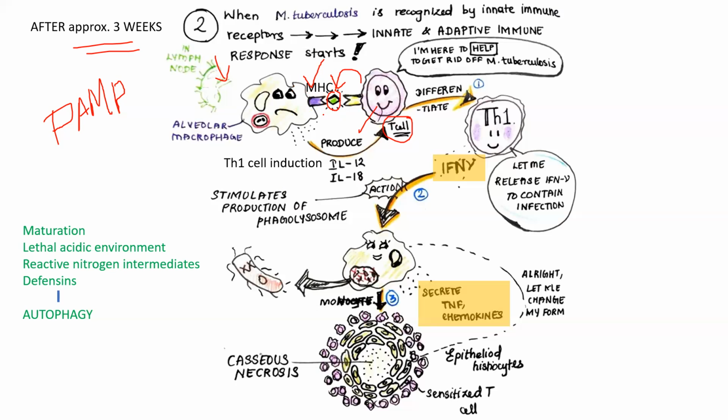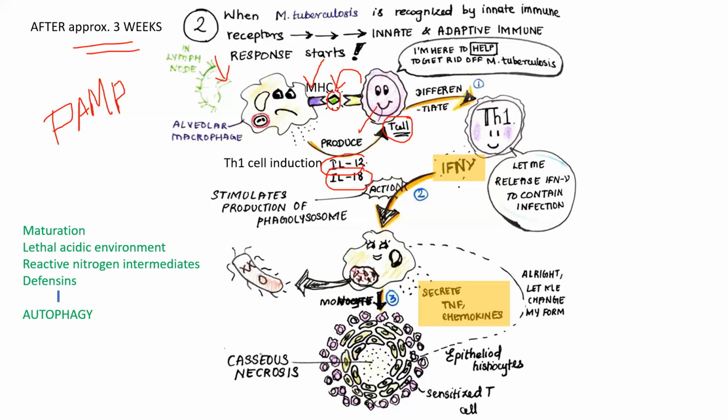So what happens in this reaction is that the response is initiated by mycobacterial antigens when they drain into the lymph nodes, right? This results in the production of interleukin 12 and interleukin 18.